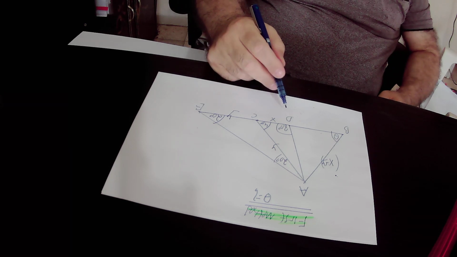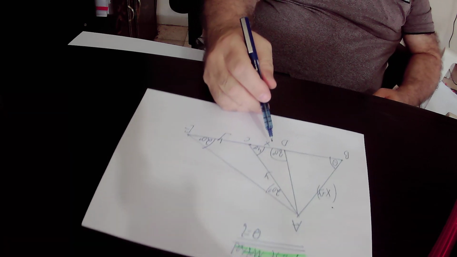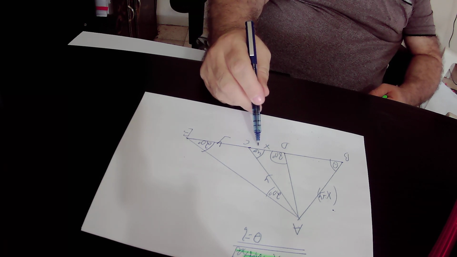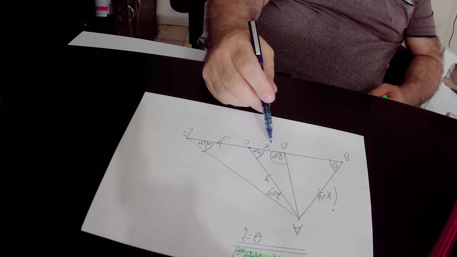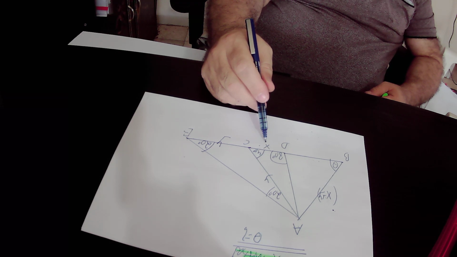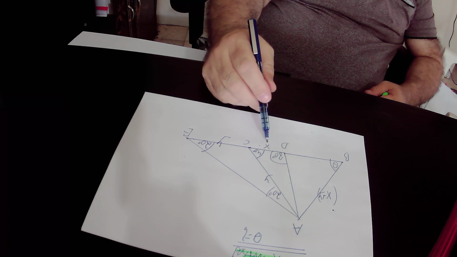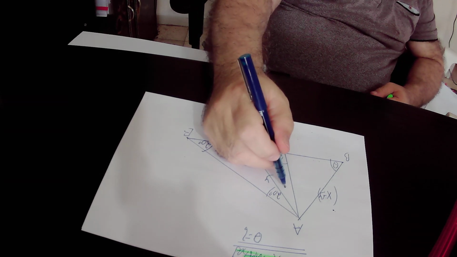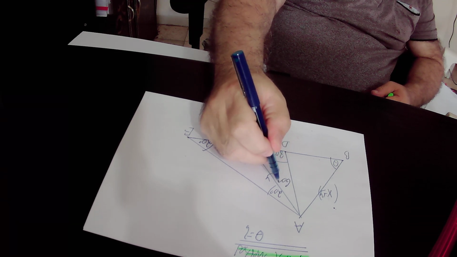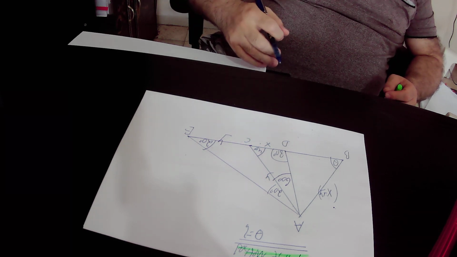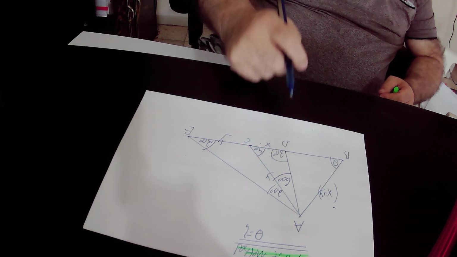If we focus on triangle ADC, in triangle ADC, this angle equals 80 degrees, this angle equals 40 degrees, and the sum of those two angles, 80 degrees plus 40 degrees, is 120 degrees. So if the sum of two angles in the triangle is 120 degrees, it means that the third angle must be equal to 60 degrees, because 60 degrees plus 120 degrees is equal to 180 degrees. It is the sum of the angles in any triangle. So this angle must be equal to 60 degrees.